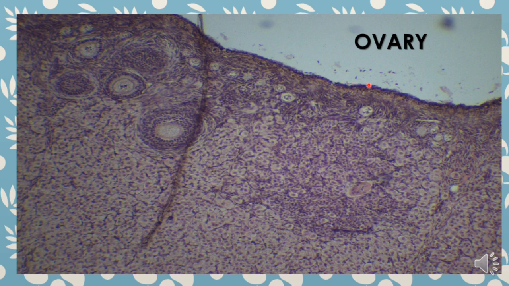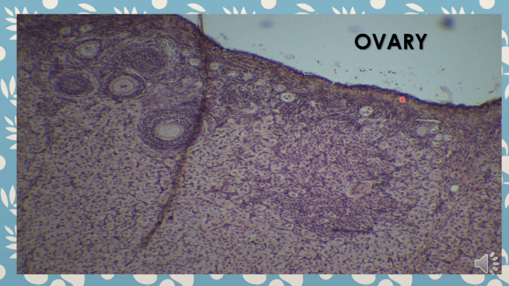The ovarian surface is covered by a single layer of cuboidal epithelium called the germinal epithelium.